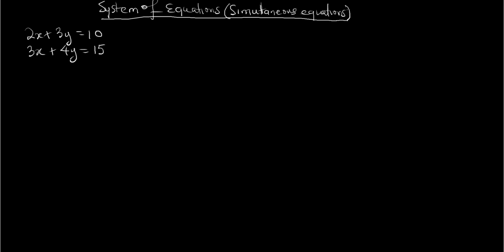When we see these systems of equations, we can solve them using mainly three methods. One of the methods is what we call the elimination method. The second method is the substitution method.